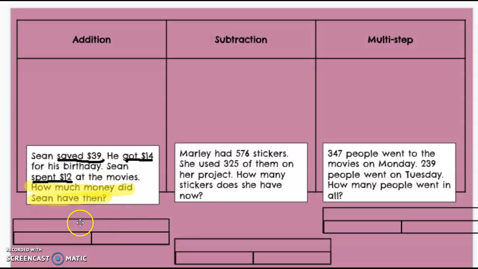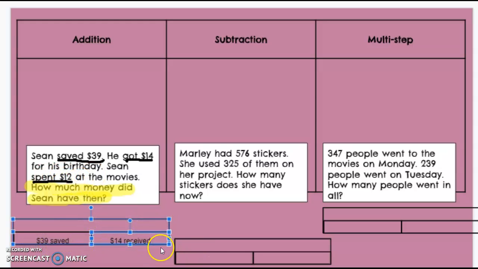So let's try plugging this into a strip diagram, okay? He saved $39. I'm going to type $39 saved. Then he got $14, so maybe he got that for his birthday, maybe he got it for Christmas. Received, he got that money, and then he spent some.